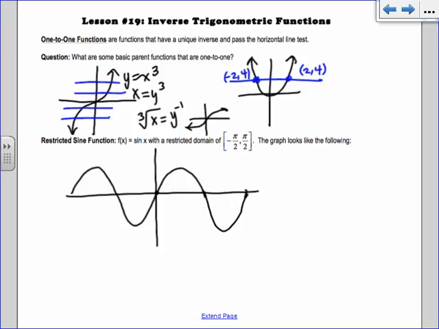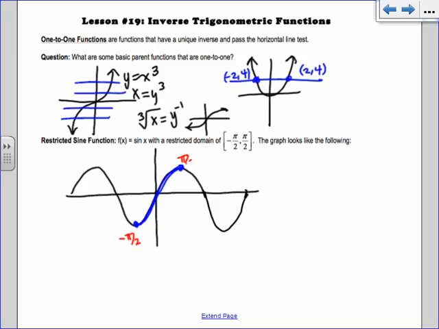So as we talk about where it does pass the horizontal line test, it passes it right here. Okay, so if you notice that if you draw a horizontal line through it on that entire interval, we're good. But as soon as you go outside of that interval, if you went back down just a little bit, it doesn't pass that horizontal line test. Okay, so this interval is important to us.